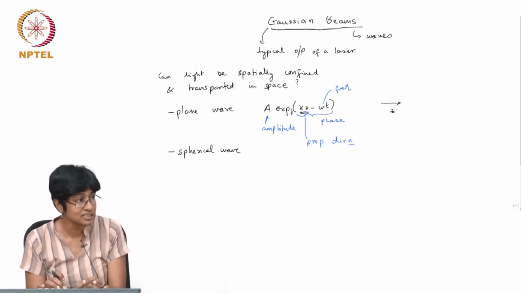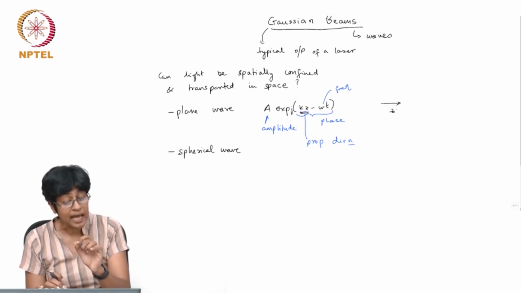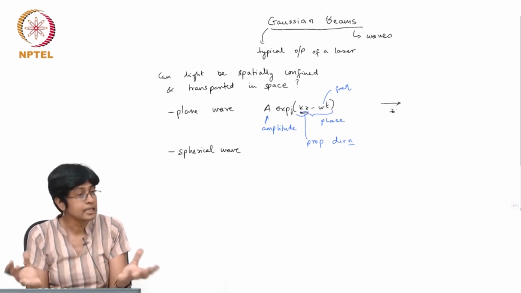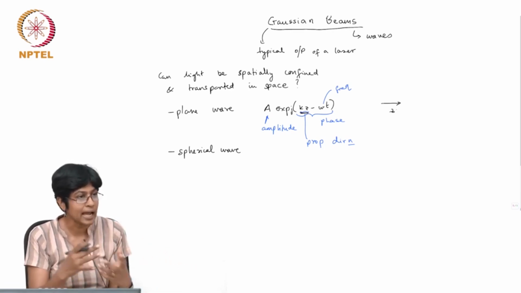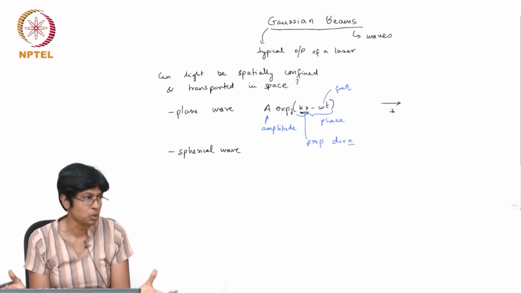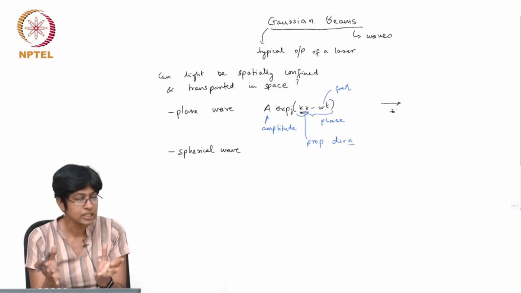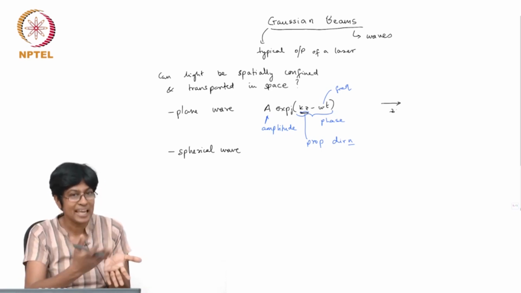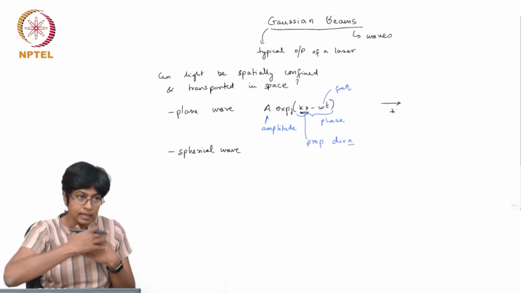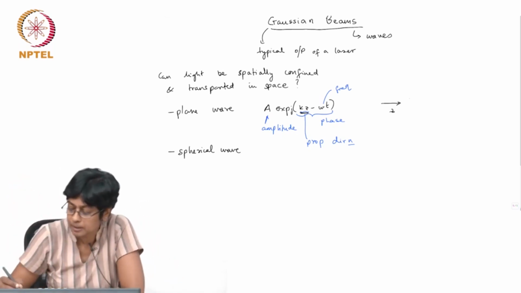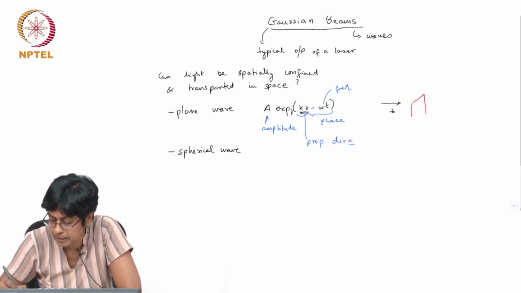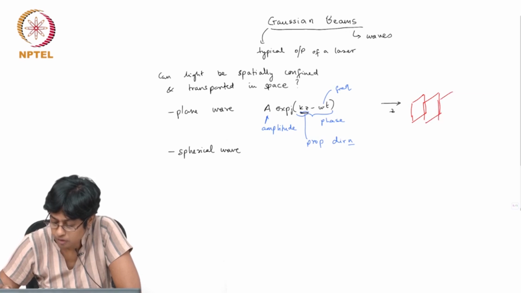I can never realize this exactly, because the amplitude, if you see, there's no specification on what is the relationship between the amplitude and the transverse coordinates x and y. So if you look at this expression, it's actually saying this amplitude A spreads out infinitely. You may have seen a plane wave drawn something like this, so these are the different planes of the plane wave.